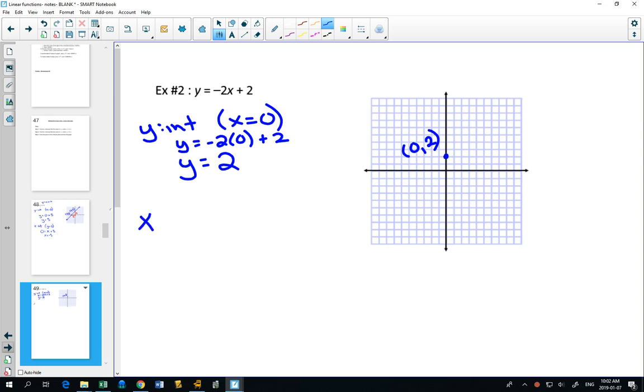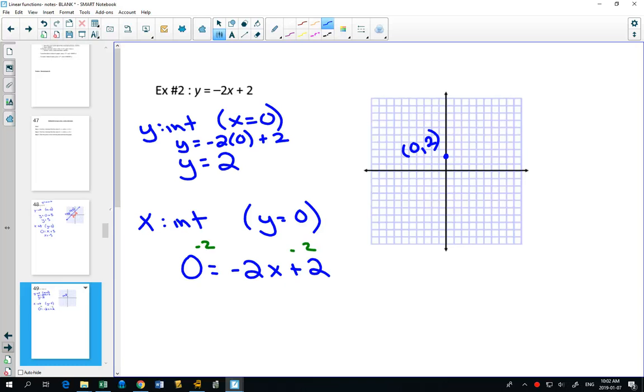And finding our x-intercept, when we put y is equal to 0, here we've got a little bit more math to do. So if you were using your equation solving from grade 9, if I wanted to get x by itself, well, first I would subtract 2 on both sides.